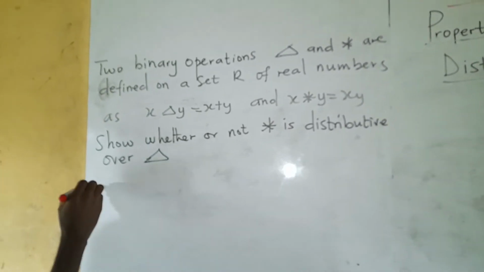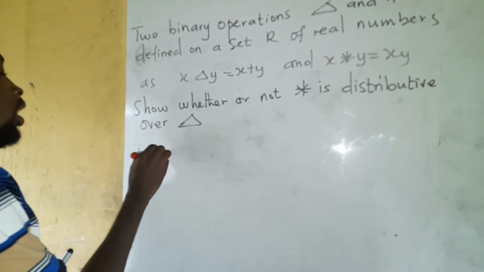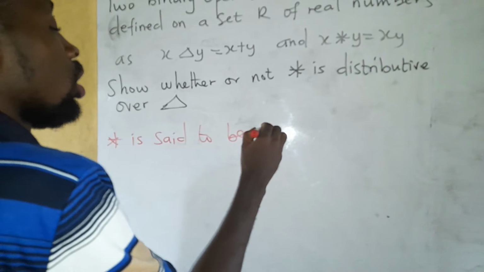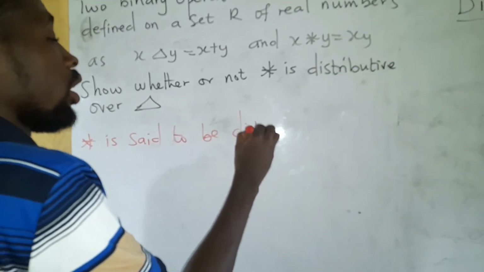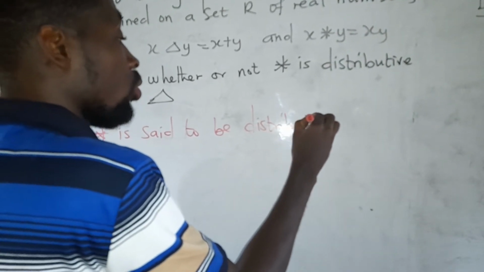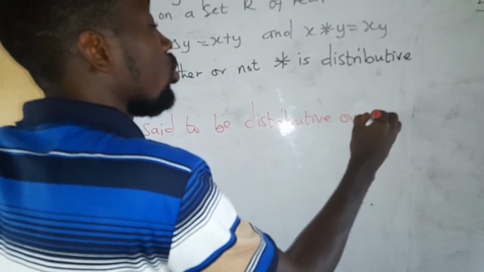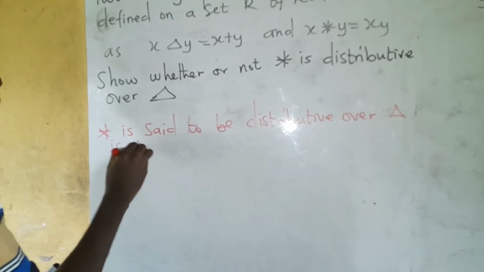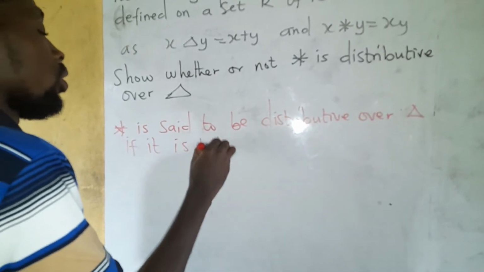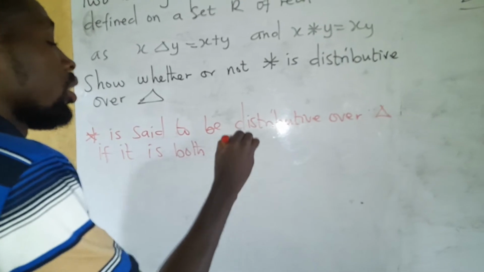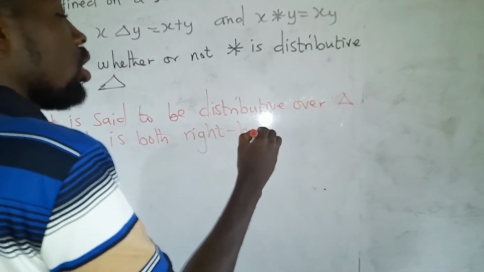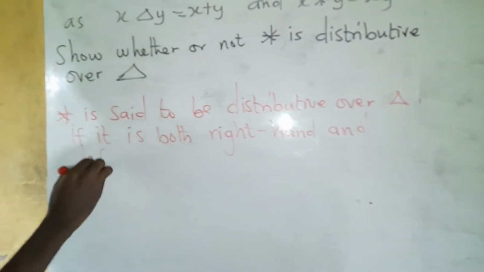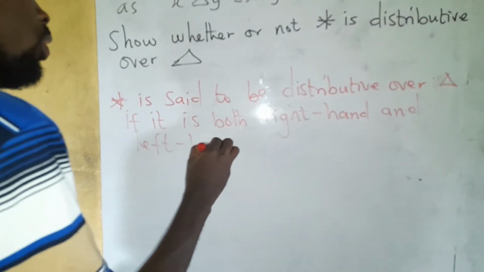Remember, we said that star is said to be distributive over delta if it is both right hand and left hand distributive.